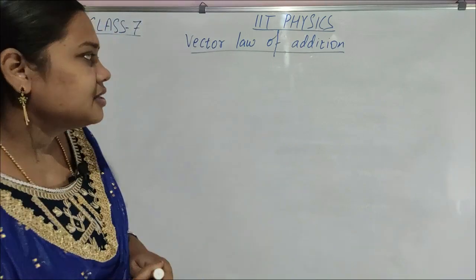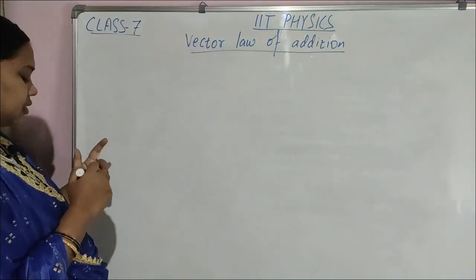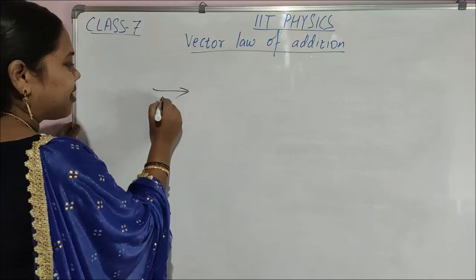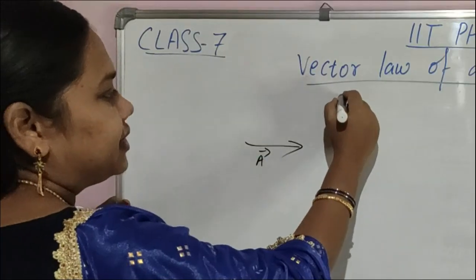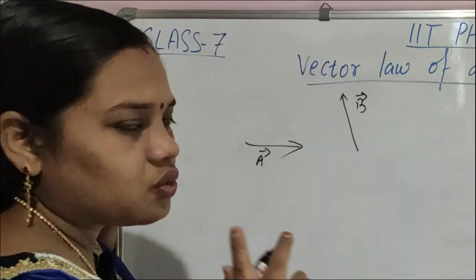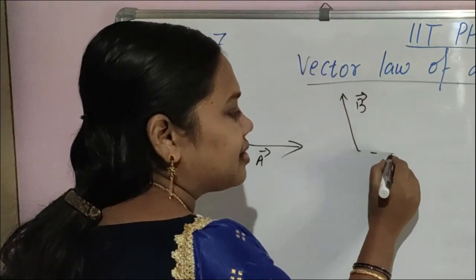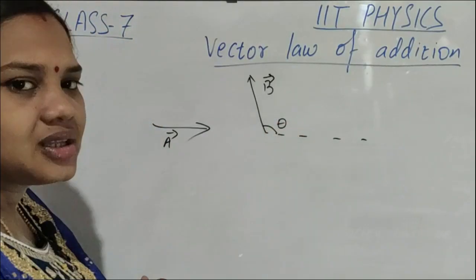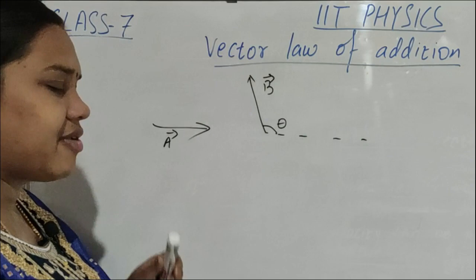So see children, suppose there are two vector quantities, A vector and B vector. B vector makes an angle theta with the horizontal A vector.